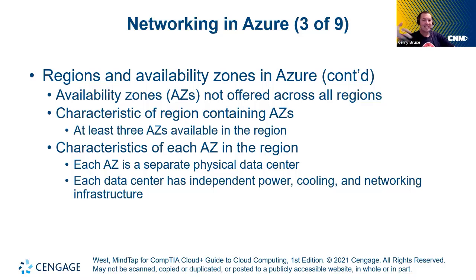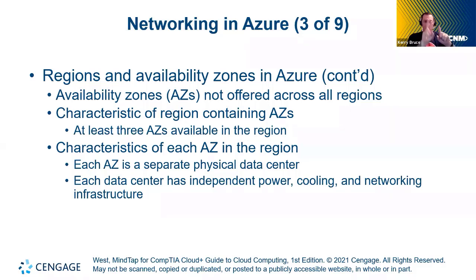They have data center components, but they're not completely self-sufficient and all those kind of fun things. Okay. If you have a region that has availability zones, that means there's at least 3 availability zones in the region. Okay. So that's something different.